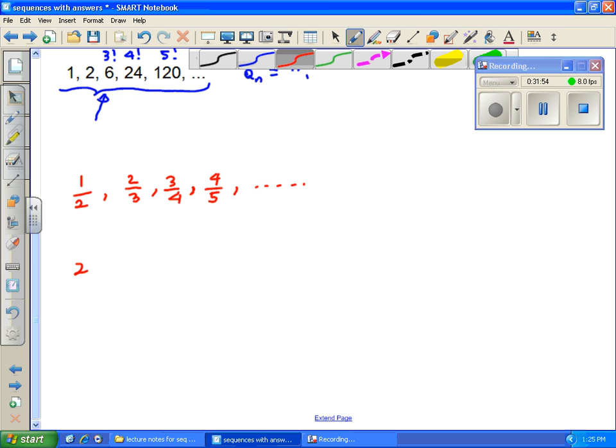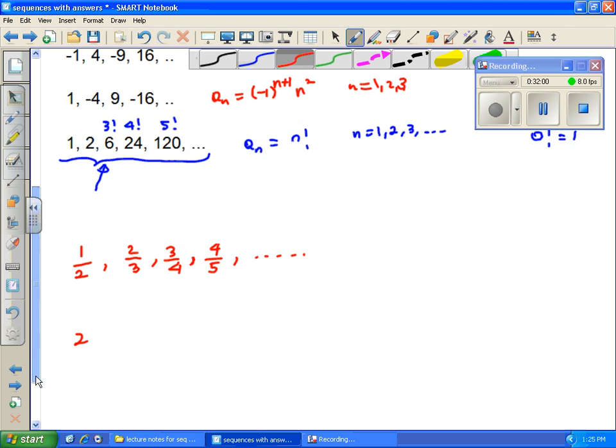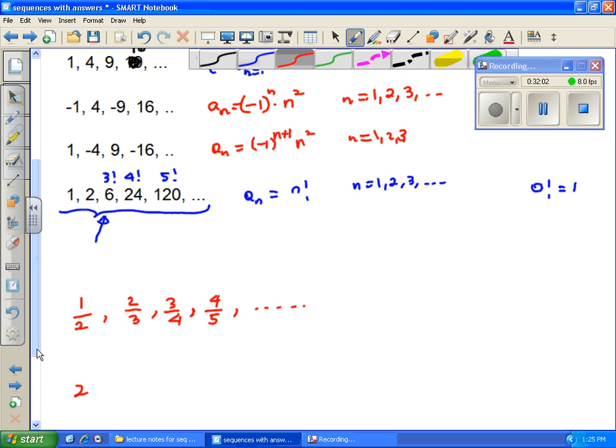No, n starts at 1 for the last one. Right. Here it is. Negative 1 to the n plus 1 times n squared, n starting at 1. Because you see, when you plug in n equals 1, you're getting a second power. That makes it positive, right?